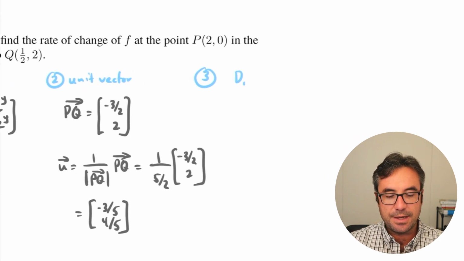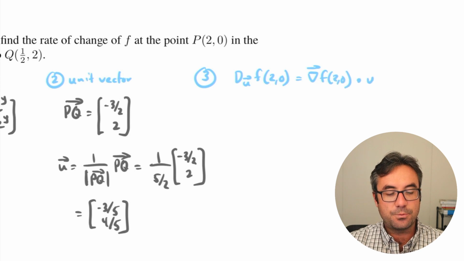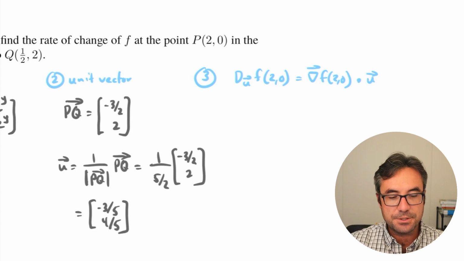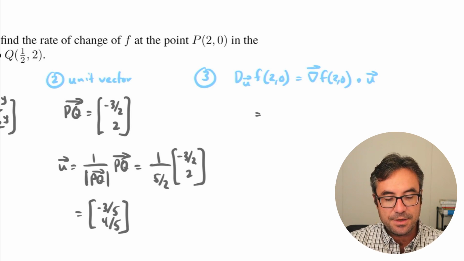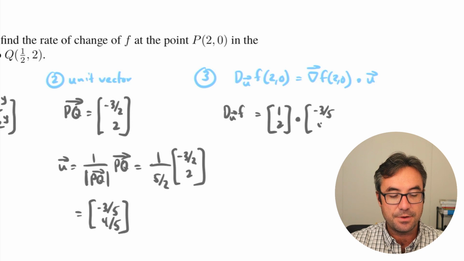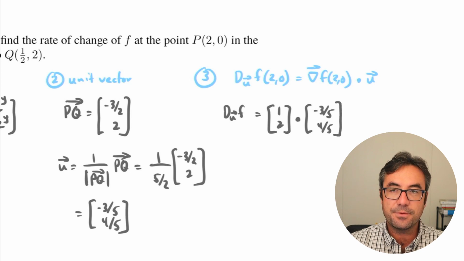So we're going to calculate the directional derivative at this point by using the gradient at the point, dot product with our unit vector. So if we fill in what we found, the gradient was 1, 2, and our unit vector was -3 over 5 and 4 over 5.